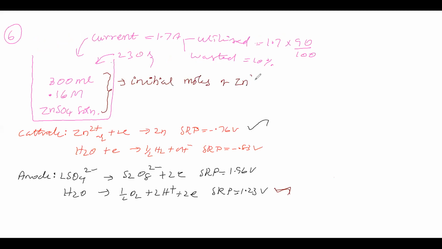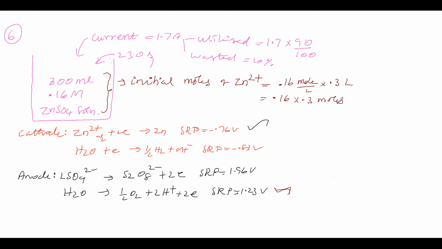Let us multiply the concentration and the volume. The concentration is 0.16 molar, that is mole per liter, and the volume is 0.3 liter. Liter gets cancelled, so we get 0.16 into 0.3 moles. So we got the initial number of moles.